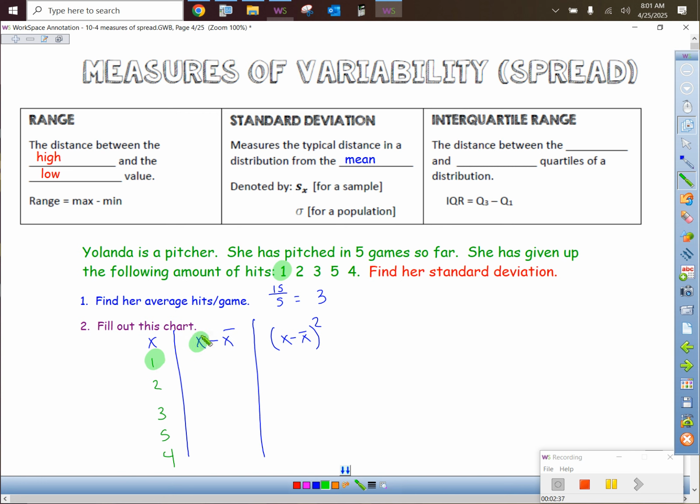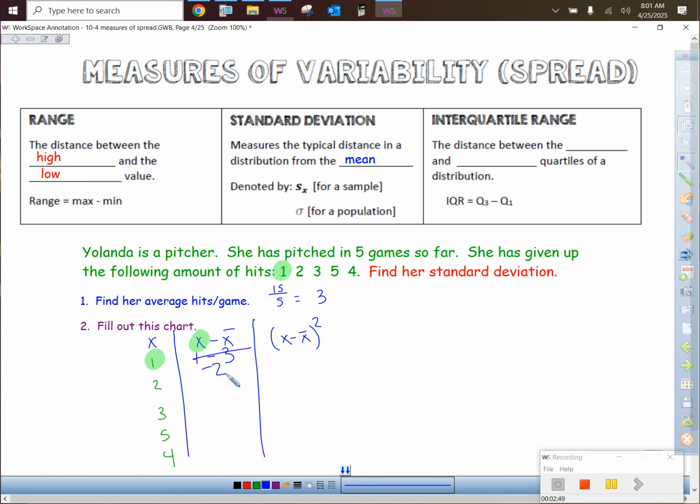If I take this one value right here, 1, and subtract away the mean, would you be okay with that? The mean was 3. Would you believe that we get -2 in that spot? Isn't that mean in that particular game, she was 2 hits under her average? She averaged 3 hits per game, but she only gave up 1. So wasn't that 2 below the mean? That's how much it varied from the mean.